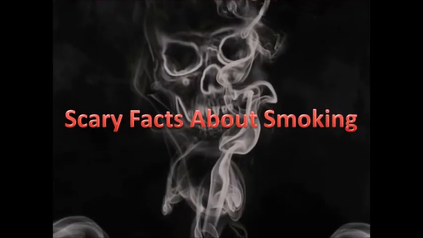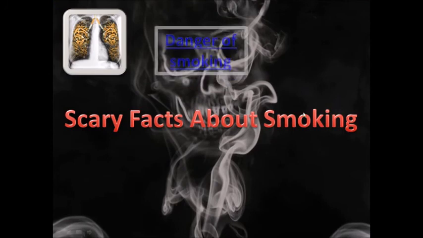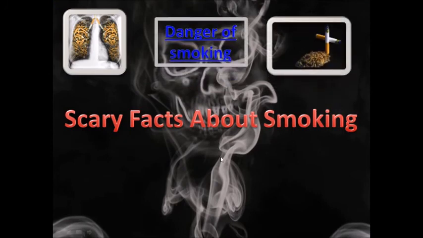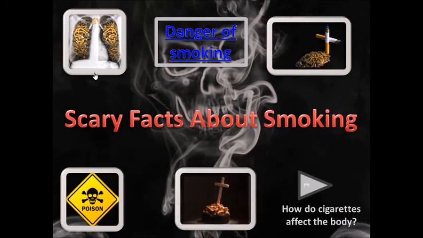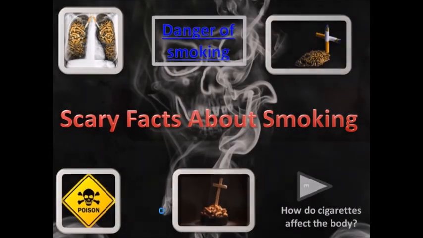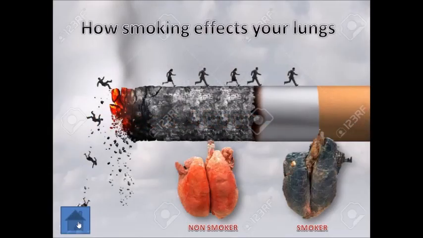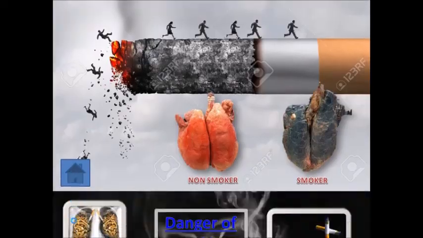So we have scary facts about smoking, danger of smoking, and as you see my menu slide appears, and now I can make a decision where to go. So let's go and read the facts about lungs, and as I click on this action button, maybe the name for this is the home button, it should bring me to the menu slide.